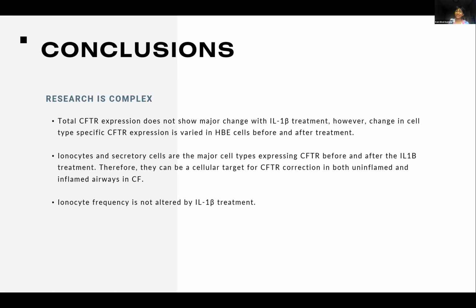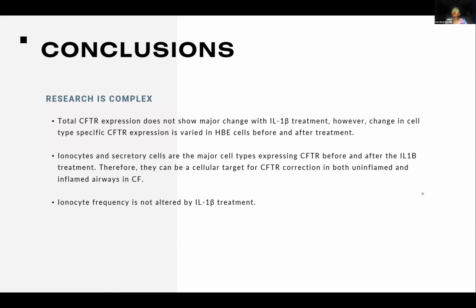A lot of this analysis, research, questioning, and troubleshooting led us to certain conclusions: CFTR expression does not show major change with IL-1 beta treatment. But it would be interesting to look at how certain cell type expressions would be when treated at different time slots.